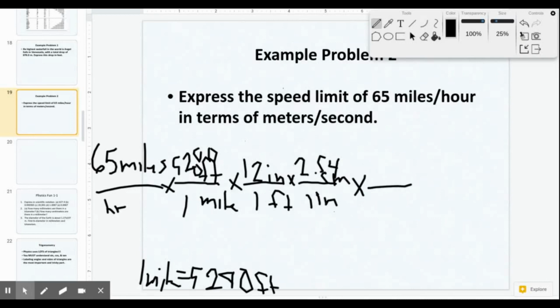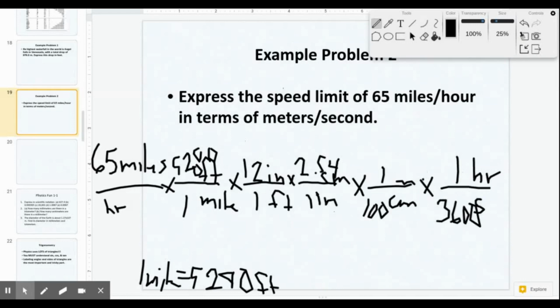And then we can go centimeters to meters. So 1 meter is 100 centimeters. So we have the top of the problem taken care of, but now we have to get hours to seconds. So at the beginning we had hours on bottom. So now hours goes on top. And we can put seconds on bottom. So in 1 hour, there are 3,600 seconds.